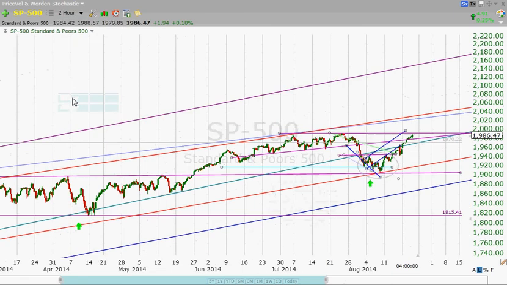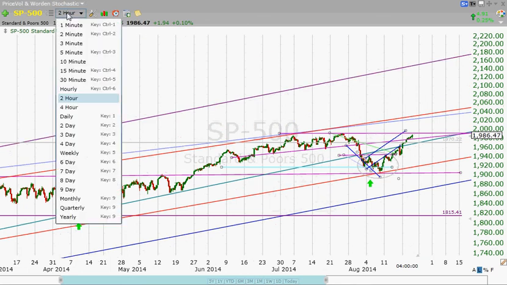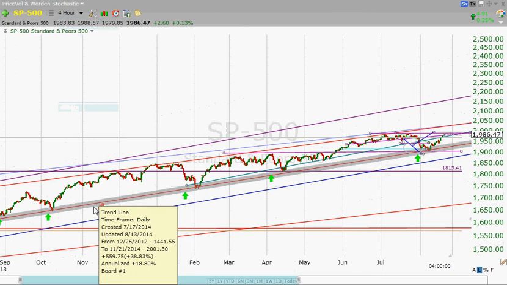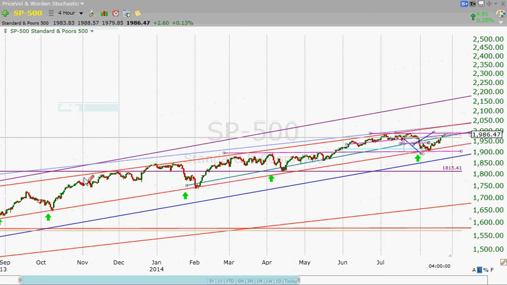I don't really see much of a chart reason to do that, other than the fact that if you back out on this chart a little bit, you see that we have been staying between these two red lines for quite a while now.